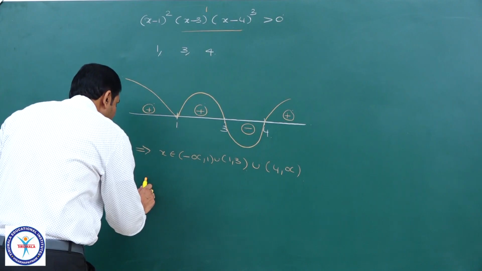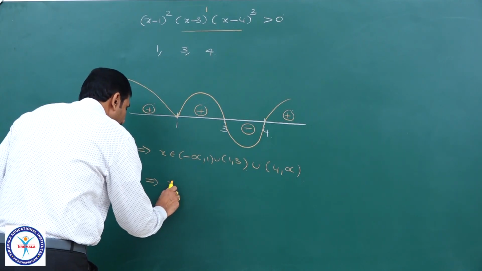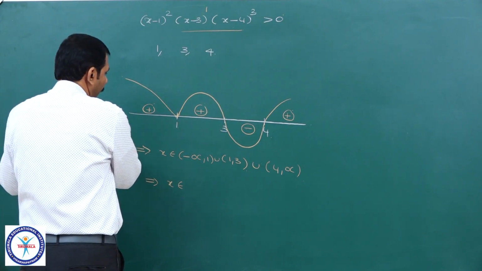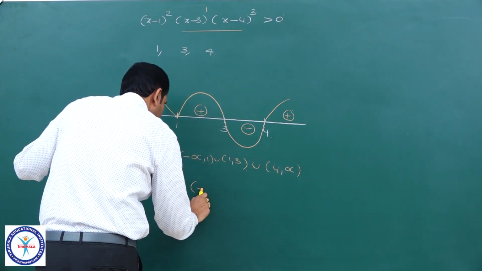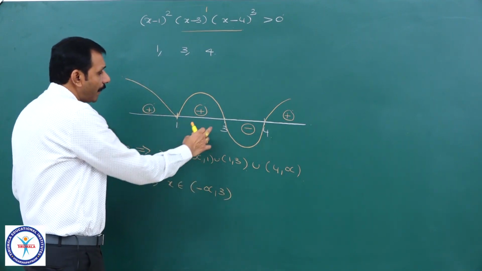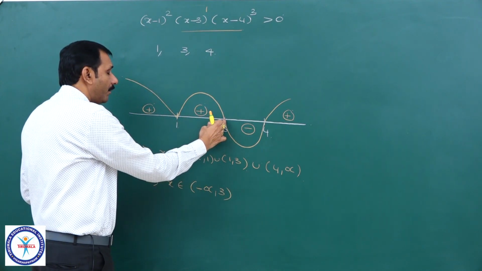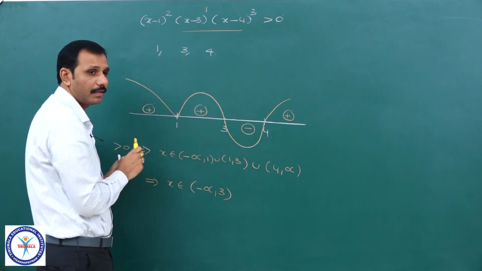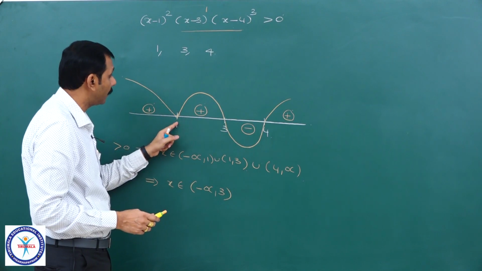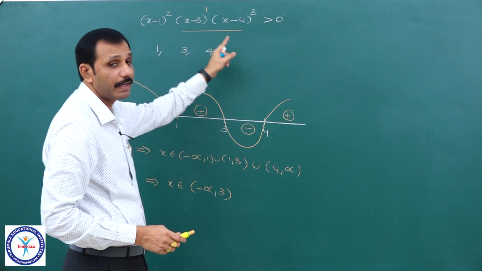Or otherwise, I can write this as x belongs to, I will write complete from minus infinity to 3. Observe what values must be excluded from minus infinity to 3. Everywhere it is negative only, but of course at x equal to 1, if you put it, it will become 0.